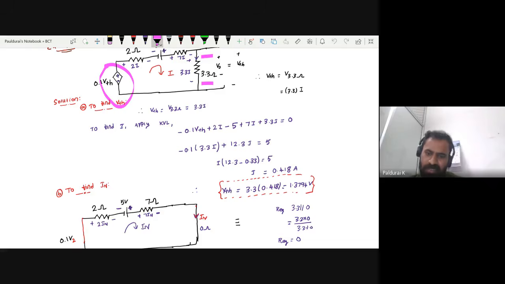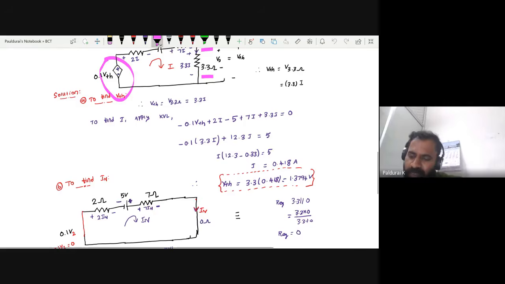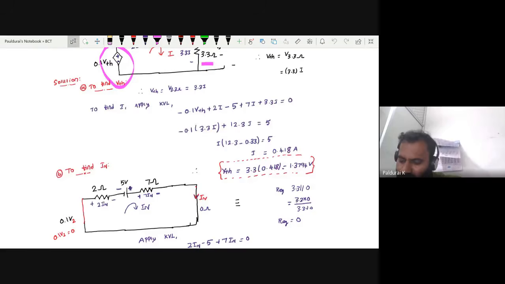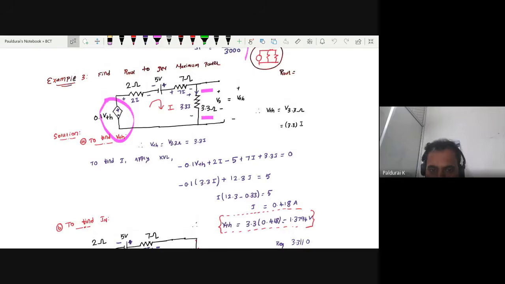Correct? So VTH divided by I, where V equals 1.3794 divided by I, where I equals 5 divided by 9. So obviously I am getting 2.5. Please verify the answer, okay. Then we will discuss in Thursday class.